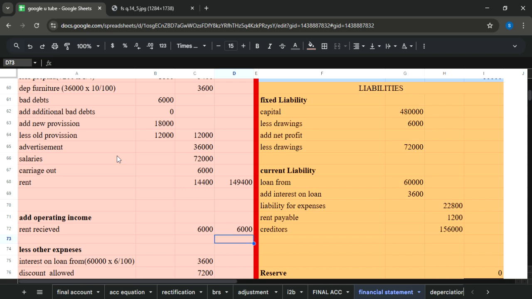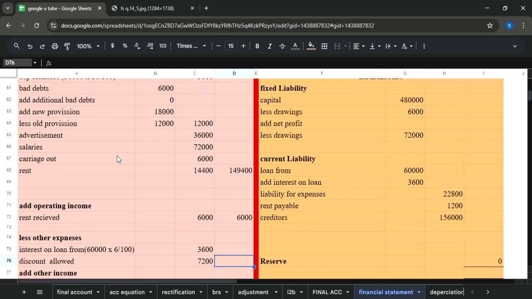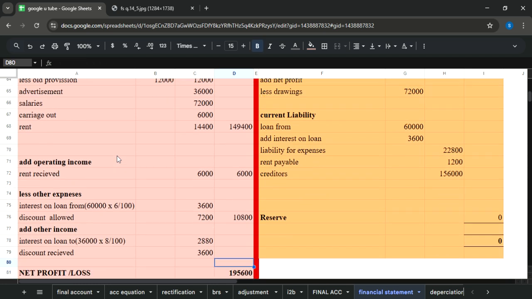So you will write it over here. Then you have two other expenses, 3,672. So this is the total of other expenses. Other incomes are also two in number, 3,600 and 28,800.